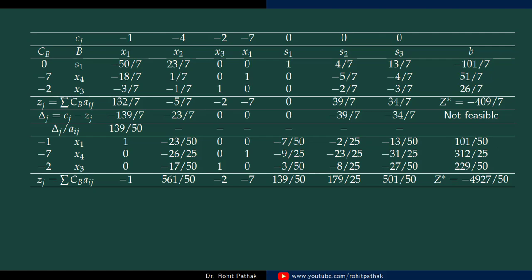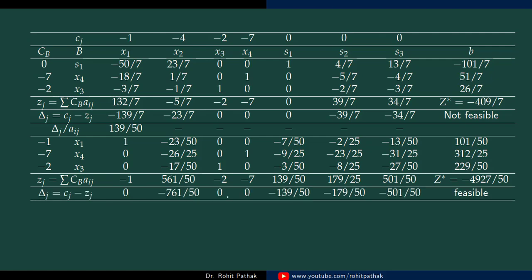So if we put x1, x3 and x4 into the objective function, we get this 4927 by 50. So now we see that all net evaluations are less than or equal to 0, and all the entries in the column B are greater than 0. So this solution is now feasible.